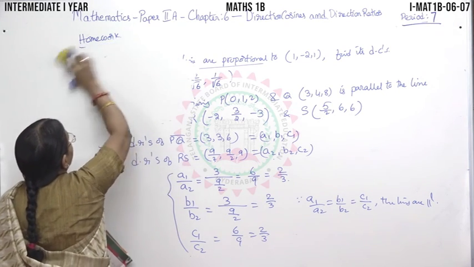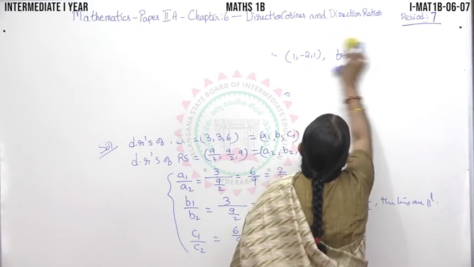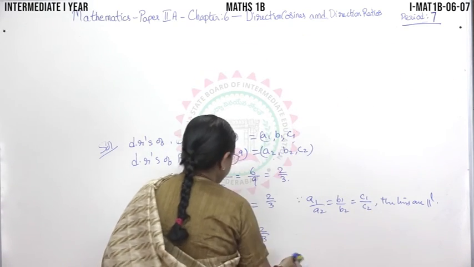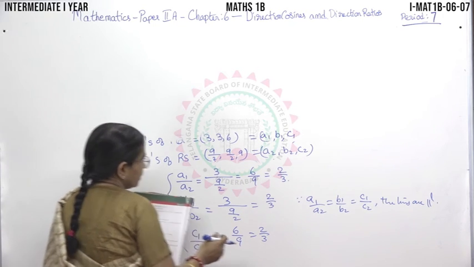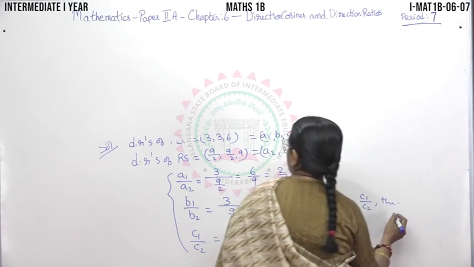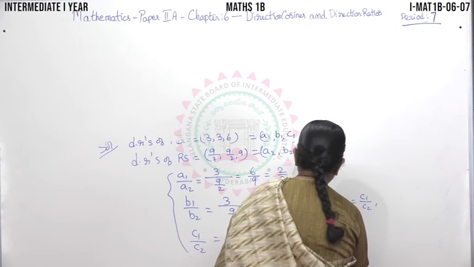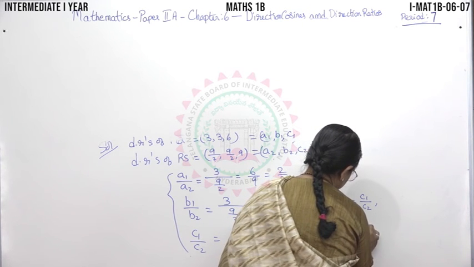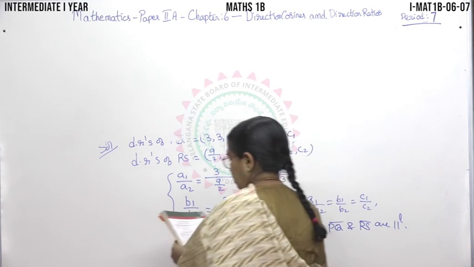Show that A1 by A2 is equal to B1 by B2 is equal to C1 by C2. Then PQ and RS are parallel. So like this you will conclude.